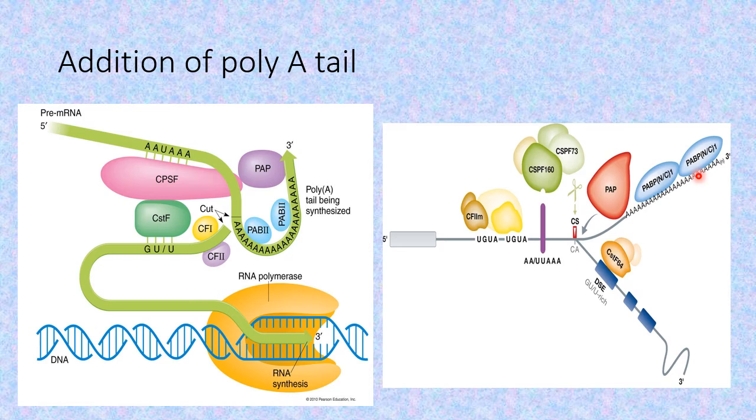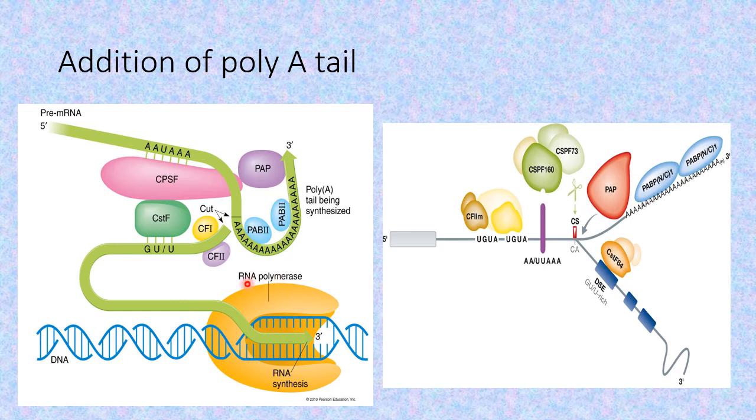Now one more process remains, and that is the removal of this RNA polymerase. As we are seeing that the cut is in between these two factors, that is the CPSF and the CSTF, in between these two factors.